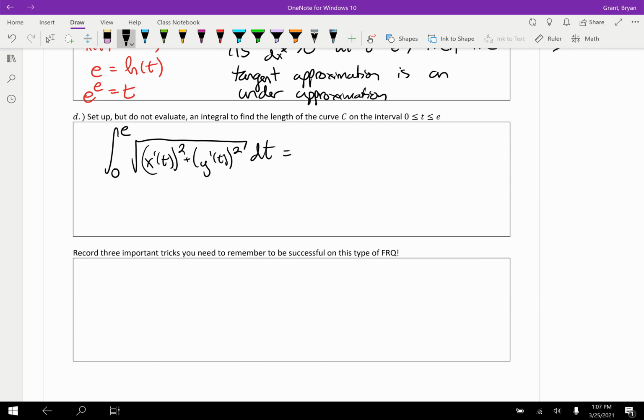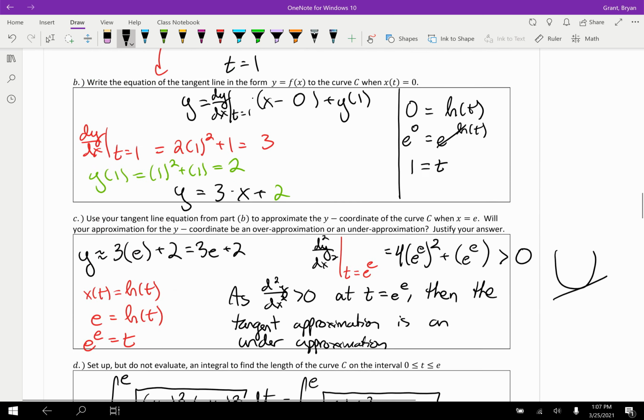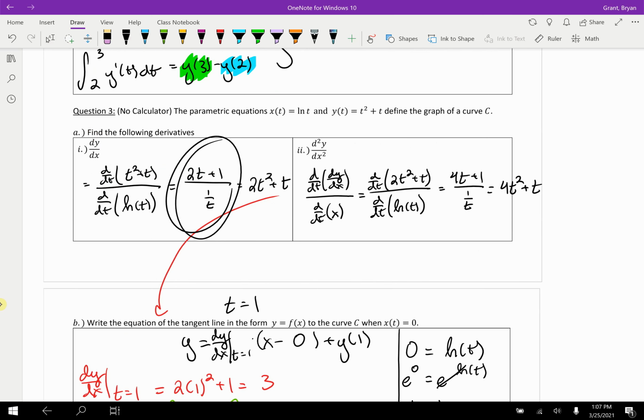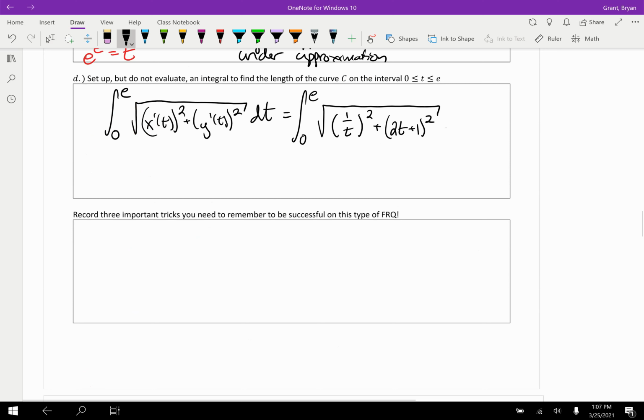This wouldn't fly, I think, as a final answer. We would probably want to replace x prime and y prime. It might be okay, but since we already know those, x prime of t was just 1 over t, and y prime of t was 2t plus 1. We had to find those earlier, didn't we, up here? So you might as well put those in and then throw the dt at the end. And we're done.